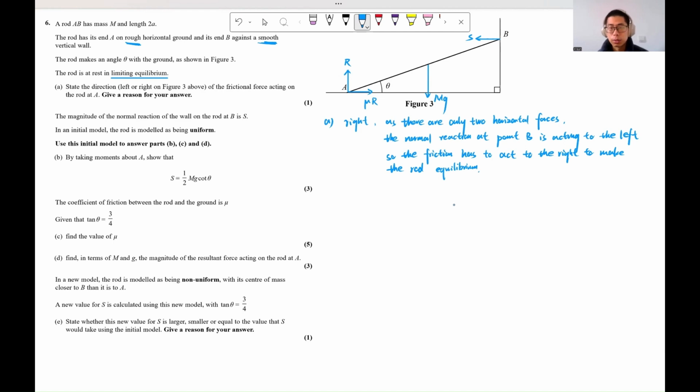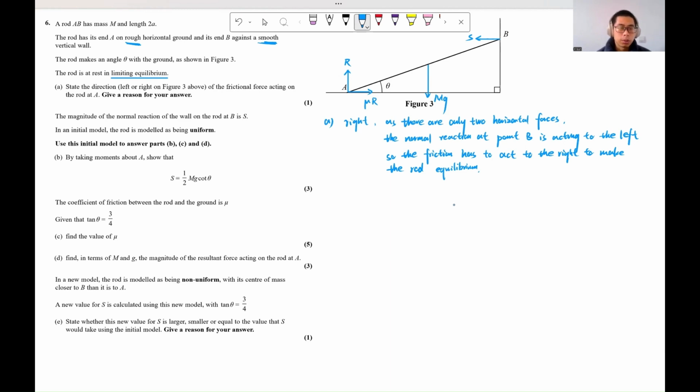Because if you want it to be in equilibrium, left has to be equal to right. Since the normal reaction always acts perpendicular to the wall, so always to the left-hand side, the frictional force has to be to the right-hand side. Okay. And then the magnitude of the normal reaction of the wall on the rod at B is S, which we already labeled here.